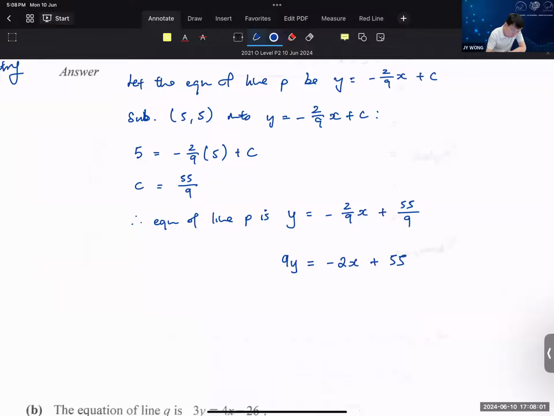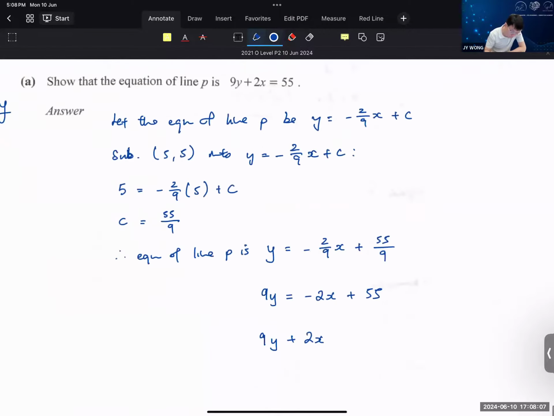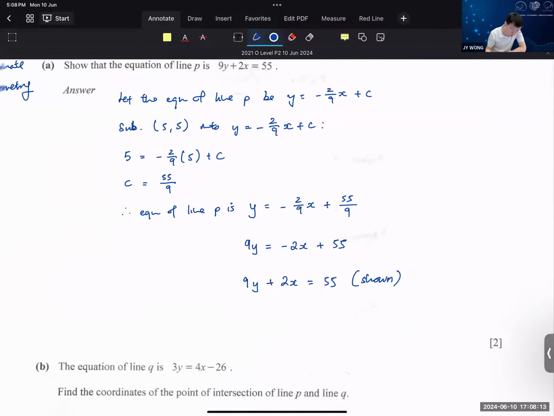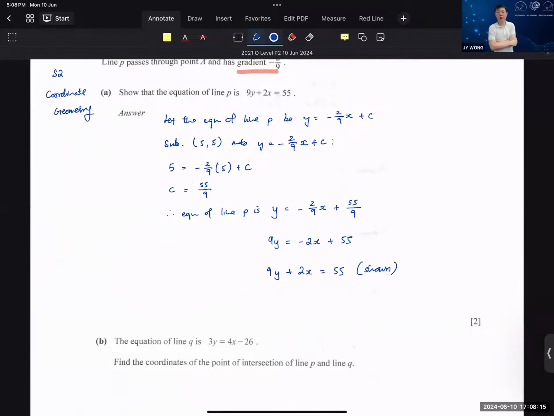You move the 2x to the left side, you get 9y plus 2x equals 55. Show. So they are just asking you to show the equation of the line in a different form. That's all. You just find the general equation of the straight line and then manipulate it to get what they want you to show.